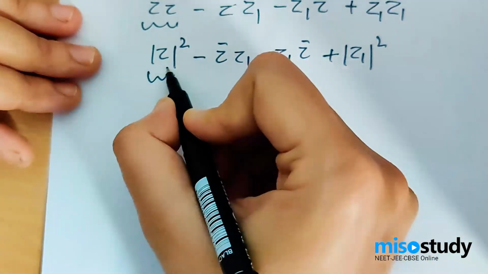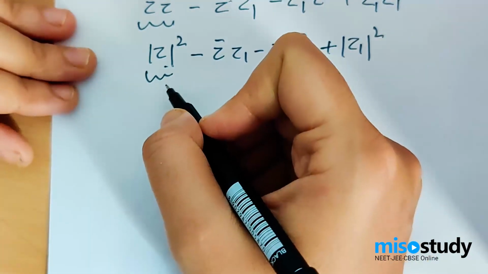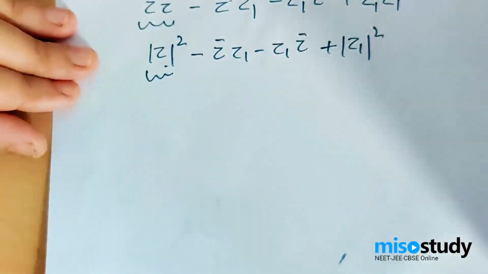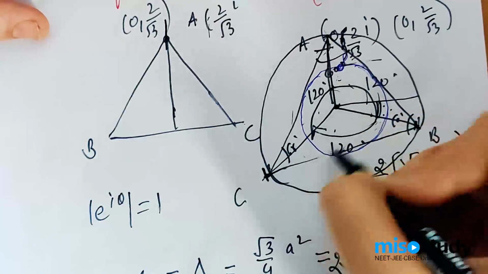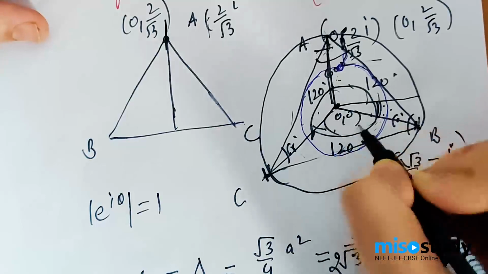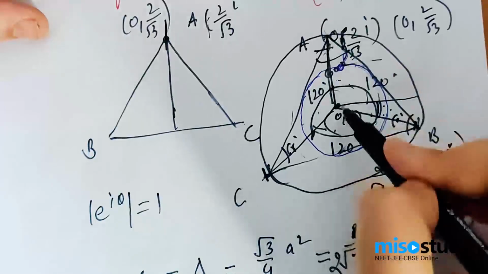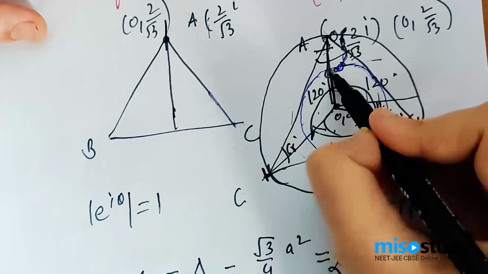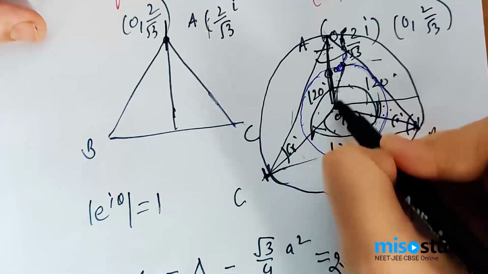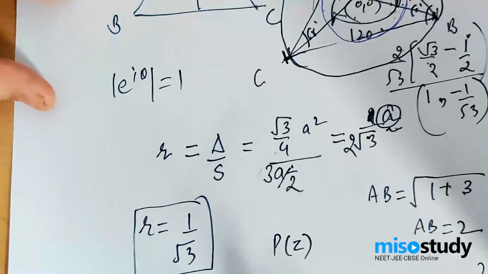Now are you aware of what mod Z square is? Z is a point on the in circle. So what is mod Z in this case? In this in circle as well, the center would be origin. The center of the circumcircle is origin, so the center of the in circle is also origin. So the distance of P from here would be that of the radius, and you found out the in radius to be 1 by root 3.